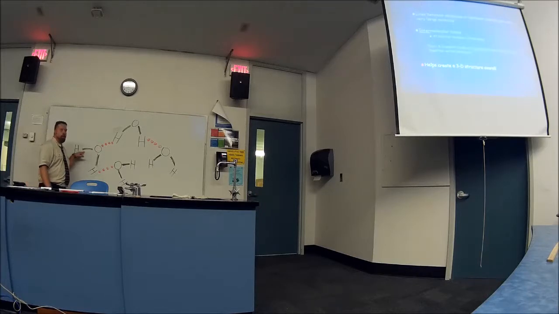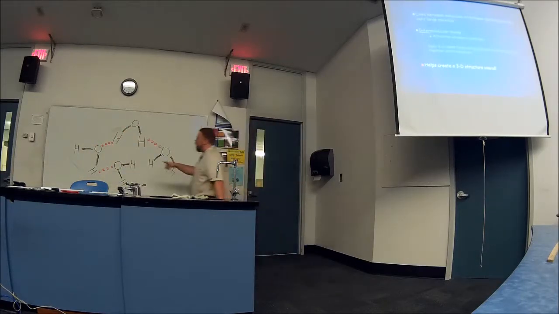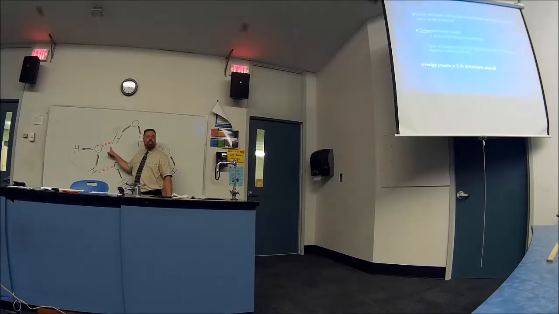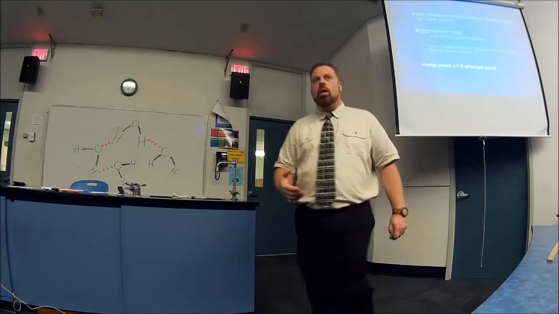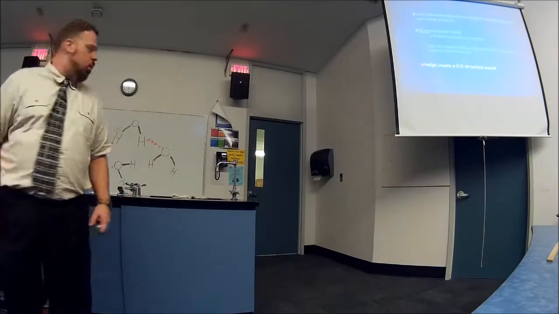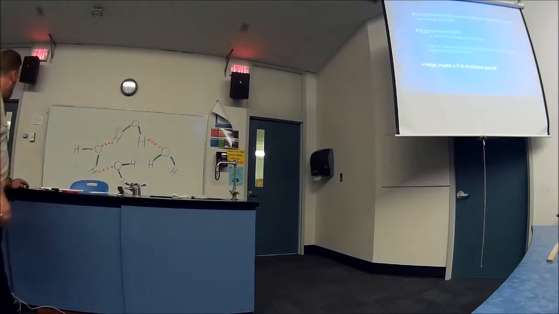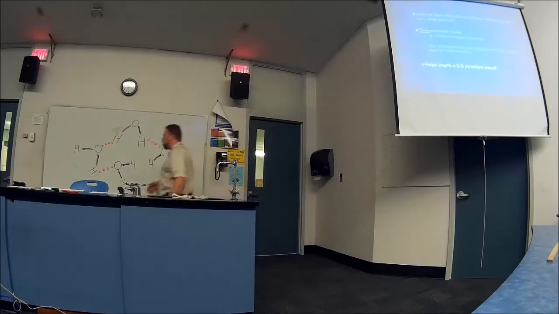Well, these are bound together because the electrons themselves are being shared, whereas the electrons over here are not being shared at all. They're just touching each other. Does that make sense? Is that clear? It helps to form this three-dimensional structure too, which you'll see later on.